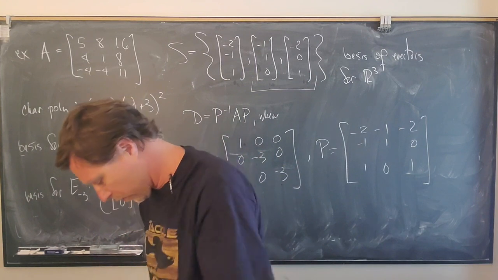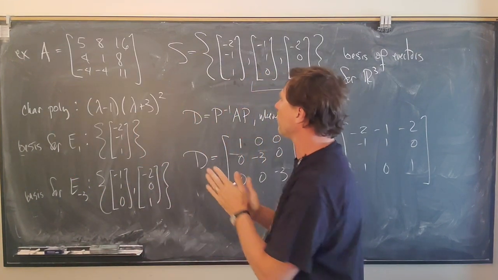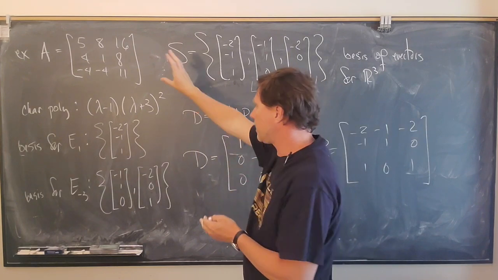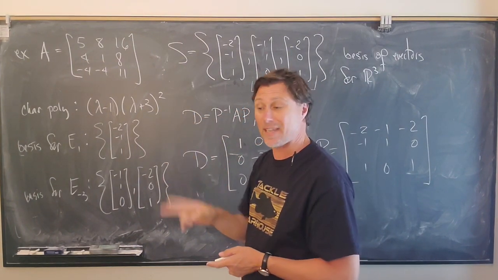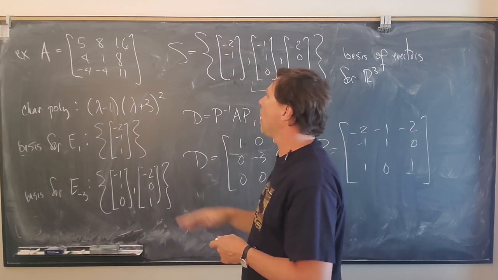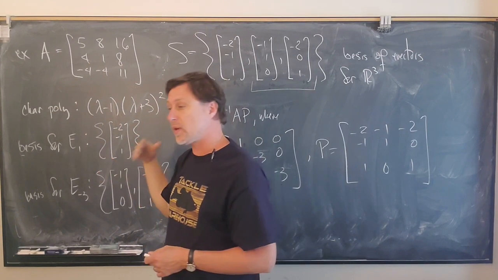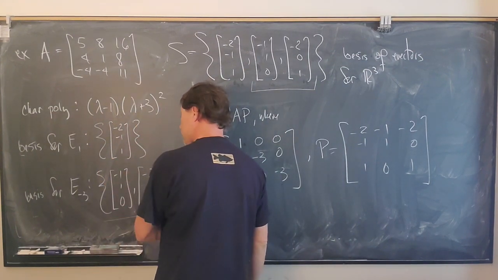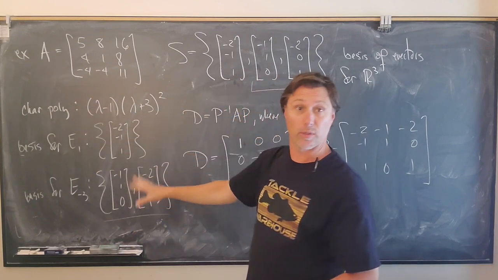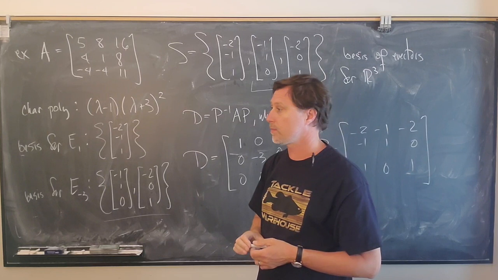Oh, actually, before I do an example, here's one thing I want to notice. In this example right here, we had two distinct eigenvalues for a matrix that was a 3 by 3. So in that case, we had to go through and count basis vectors and make sure that we had a sum total of 3 basis vectors before we knew whether our matrix was diagonalizable or not.